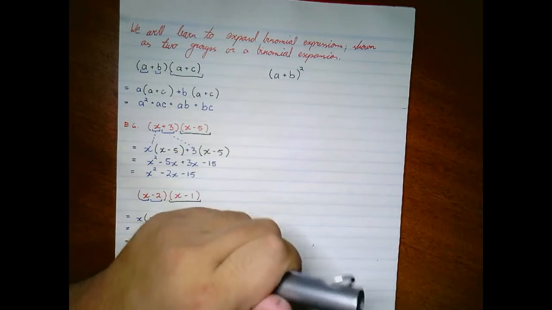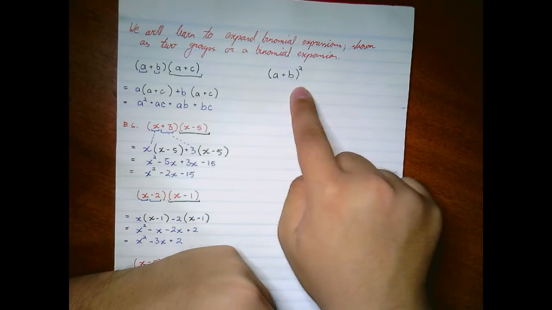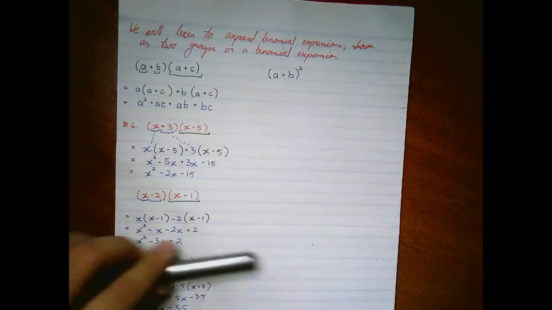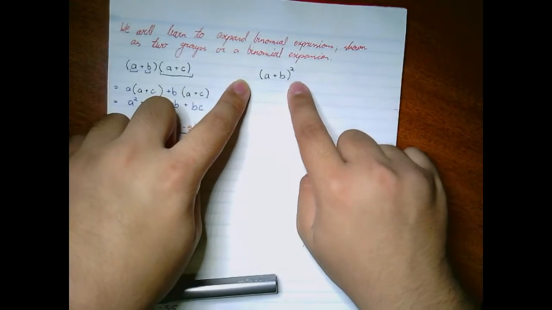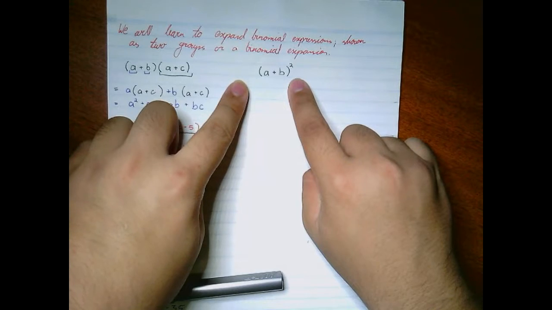What this actually means is there are two lots of this group multiplied by each other.